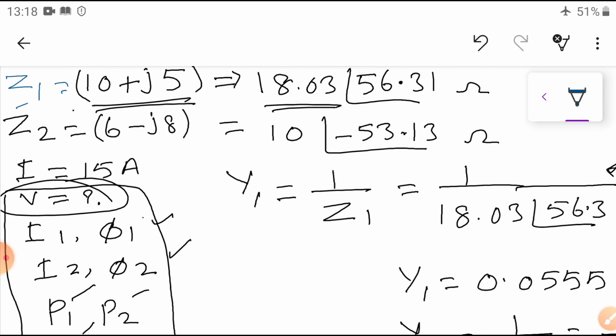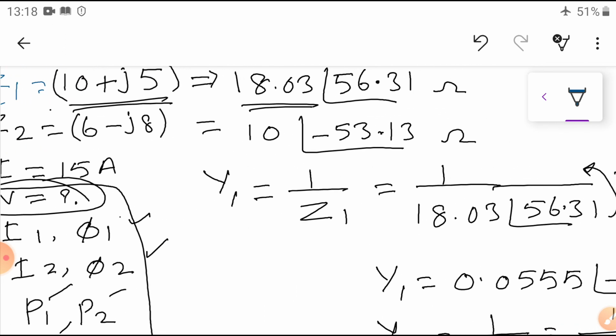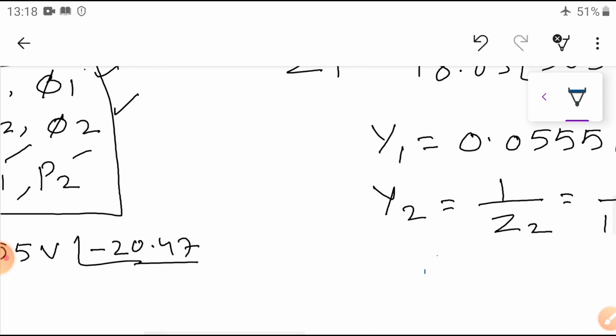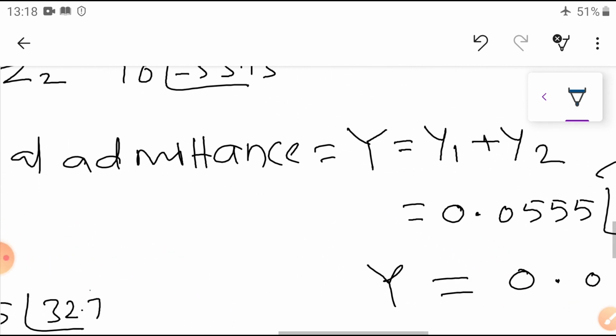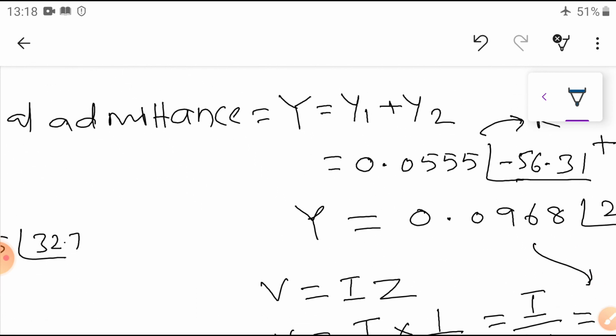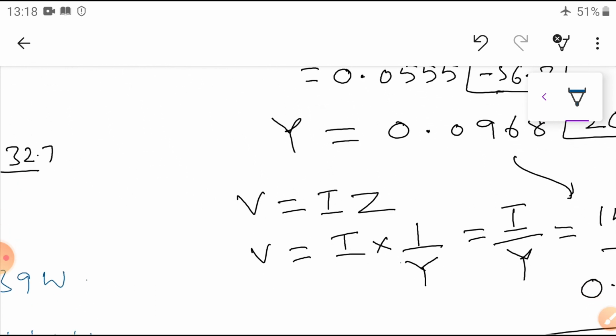So from this we calculate Z1 and Z2 and correspondingly Y1 and Y2, and we calculated the total admittance Y. If you know the Y, so the basic equation is V is equal to I by Y, then from this I am going to calculate the voltage.